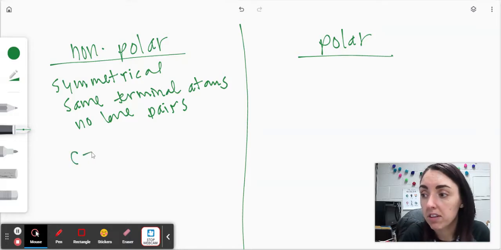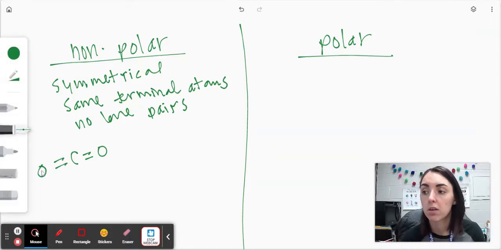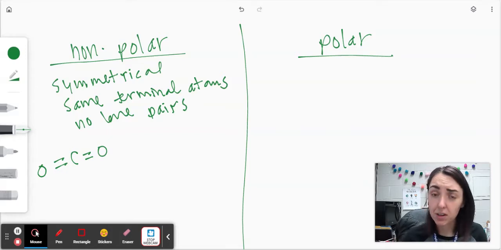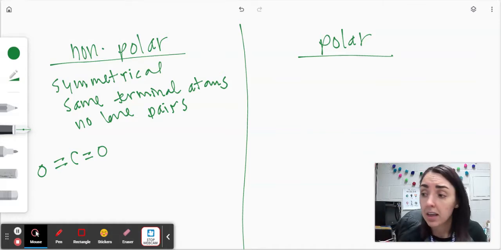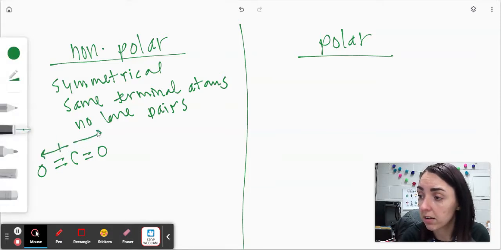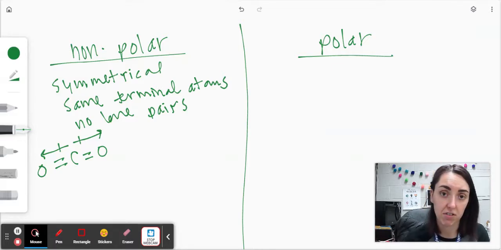So for example, CO2, we've seen this one before. It's got double bonded O's. Now, O is more electronegative than C. If we look at our periodic table, we remember that electronegativity increases to the right and up. So O is more electronegative than C, which means the electrons are going to go towards O. That's how we draw the little dipole arrow, and it shows the direction the electrons go.